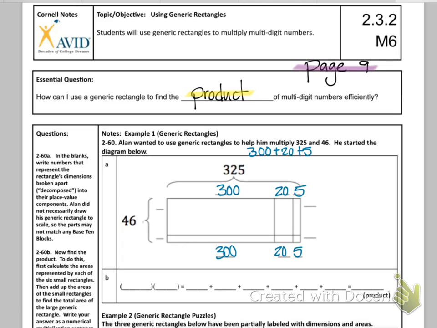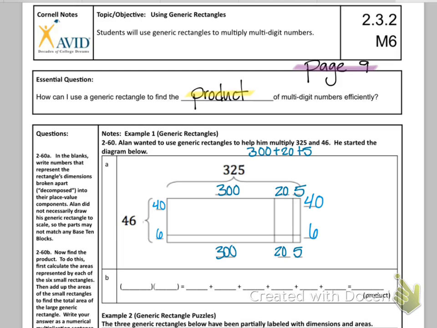For the number 46, that is going to be 40 and 6. And again, if it's on the left side, it is also going to be on the right side. 40 and 6.